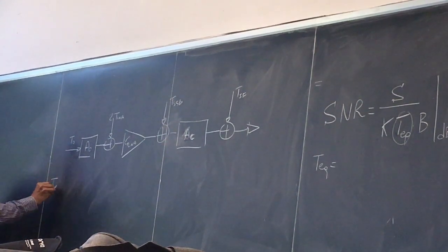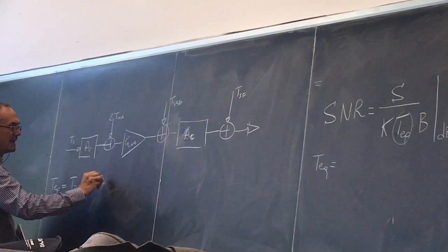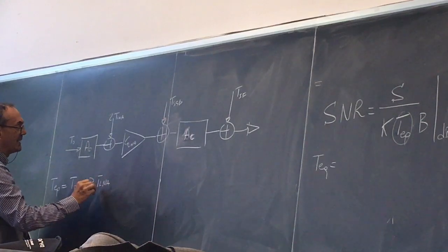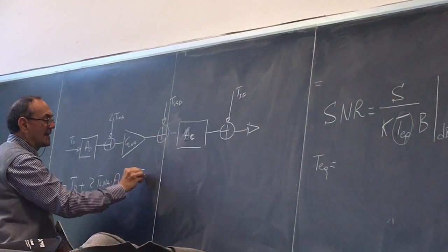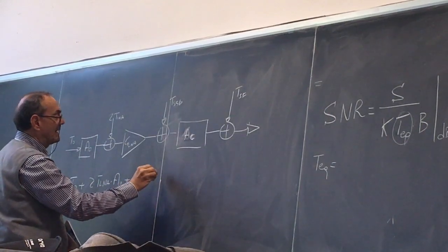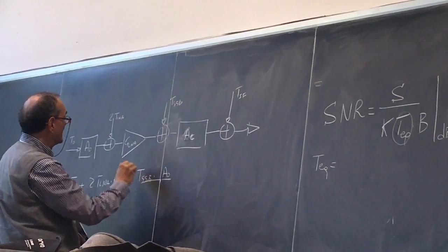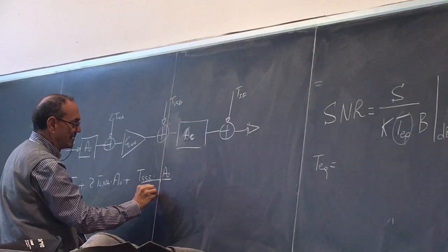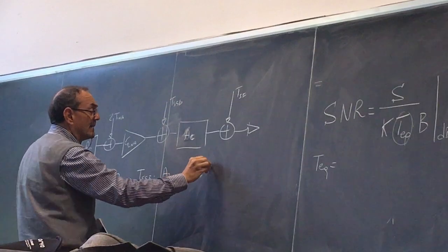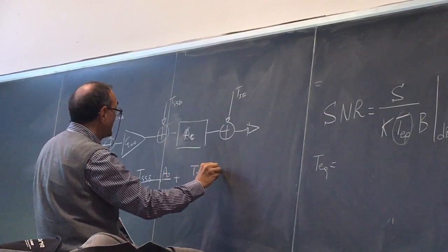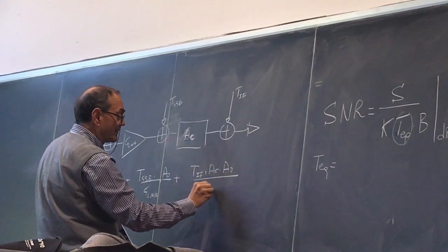So the equivalent temperature then will be given by T0 plus 2 T LNA divided and multiplied by A0, plus T SSB multiplied by A0 divided by G LNA, plus T IF multiplied by A C multiplied by A0 divided by G LNA.